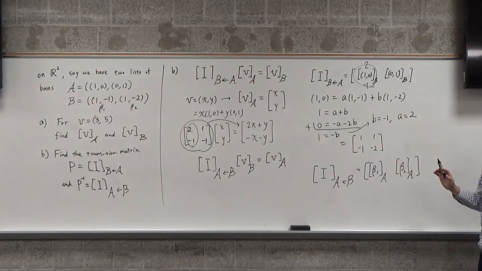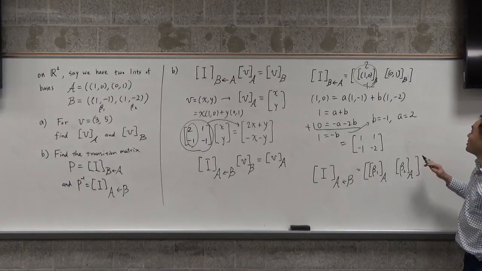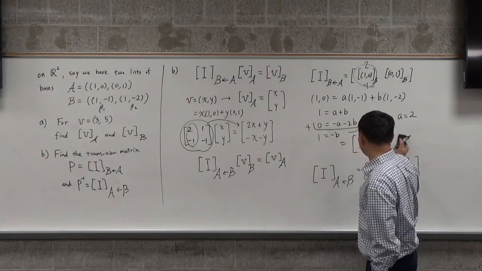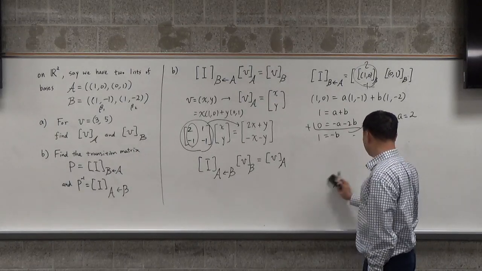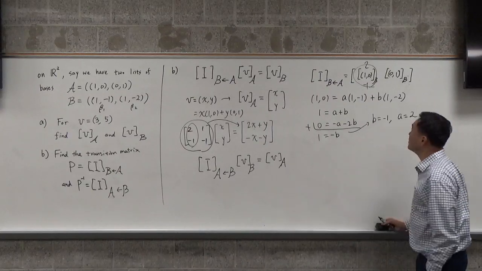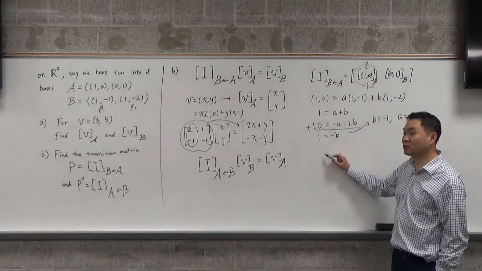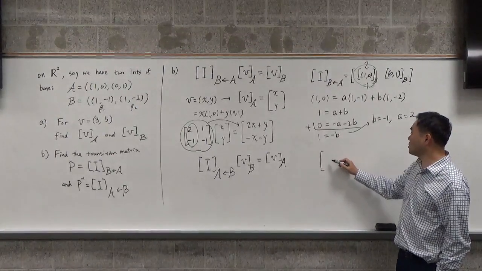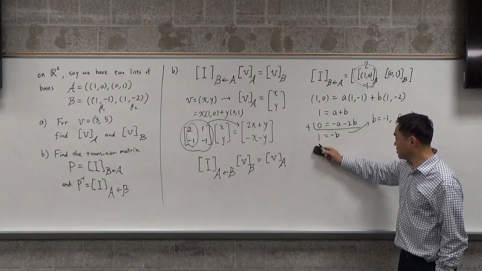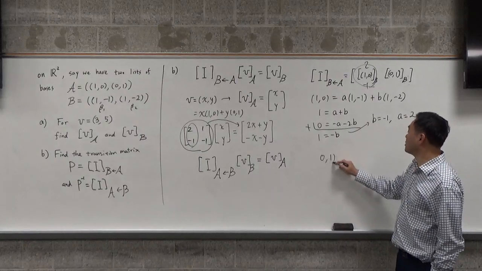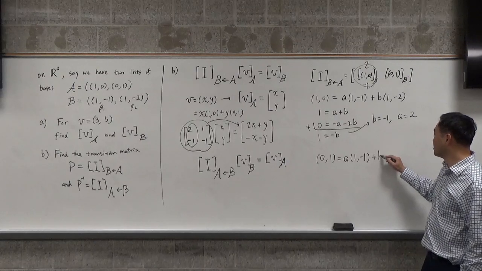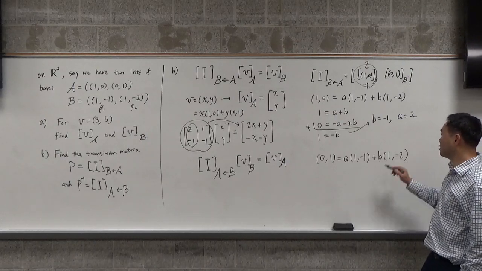Are you following? It's a bit too much. Okay. So now how do you get the other one? 1, negative 1. How do you get 1, negative 1? You need 0, comma 1 represented using a linear combination of these two vectors, right?